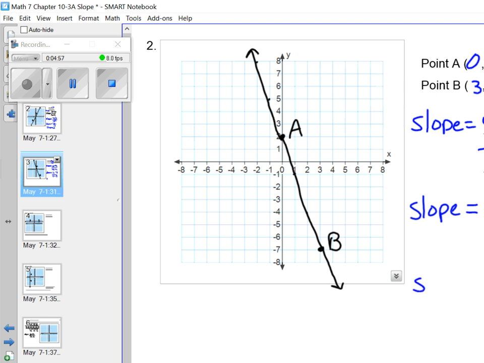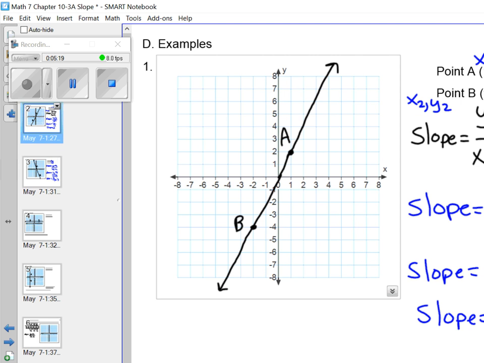We're going to simplify, add the opposite, so we'll have 9, add the opposite over negative 3. And we're going to complete the mathematics to get a slope of negative 3. Now you'll notice here that this is a negative slope, and you can slide down the line. If you look back at example 1, this is a positive slope.